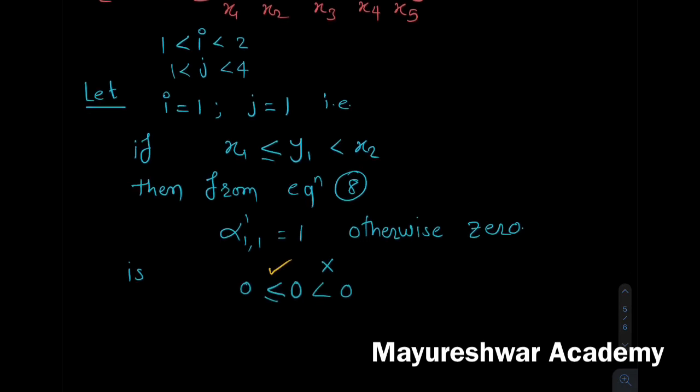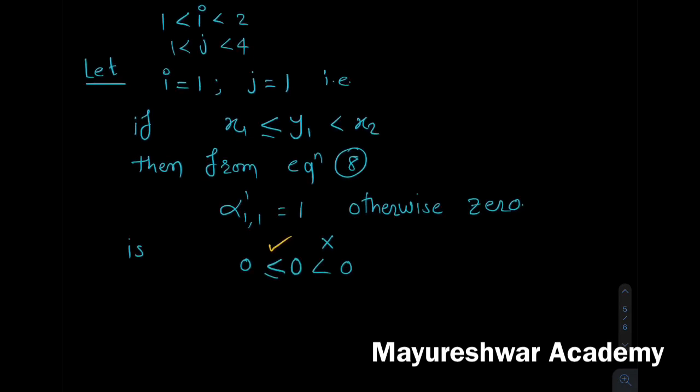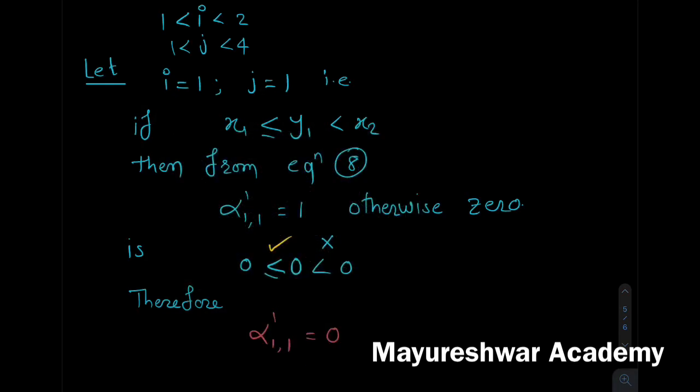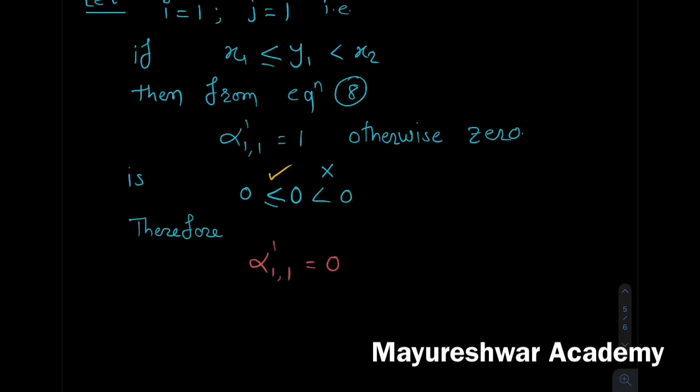So this condition is not satisfied because 0 cannot be less than 0. That's why it is a failure. Therefore we can write alpha 1,1 of first order as 0.